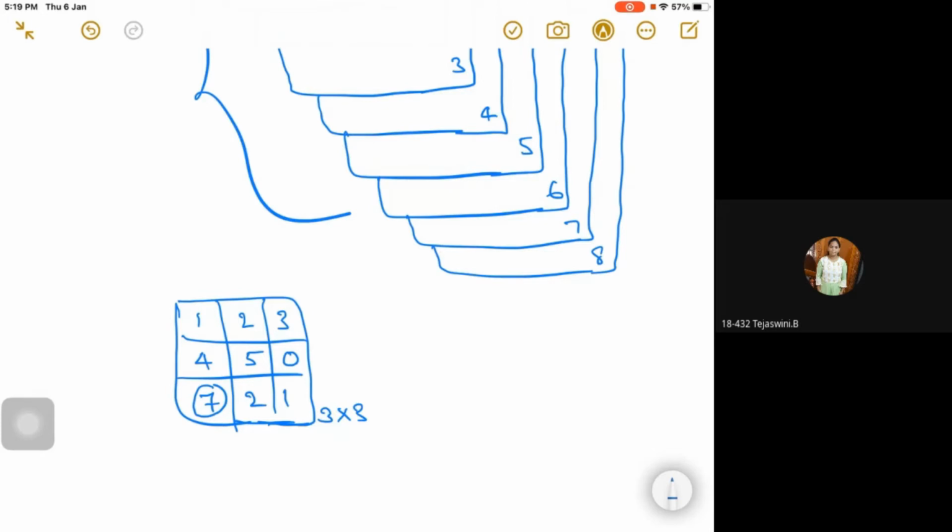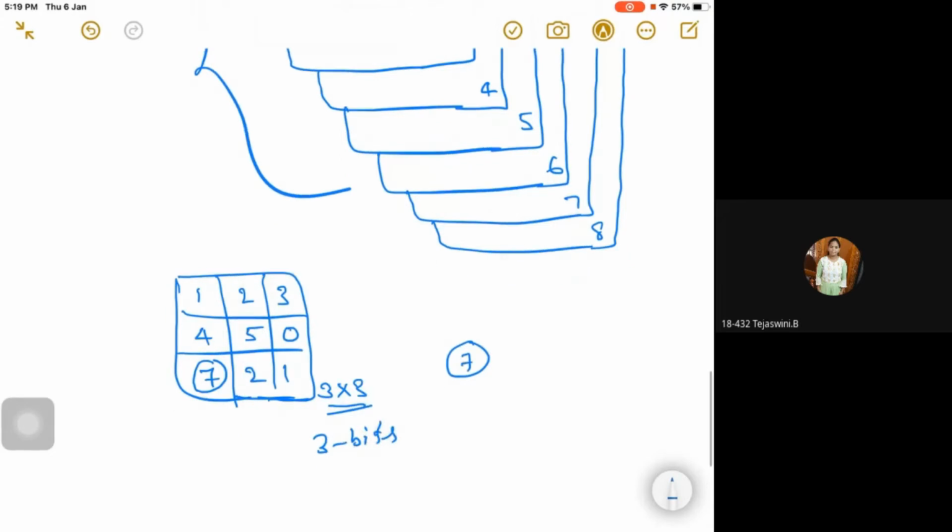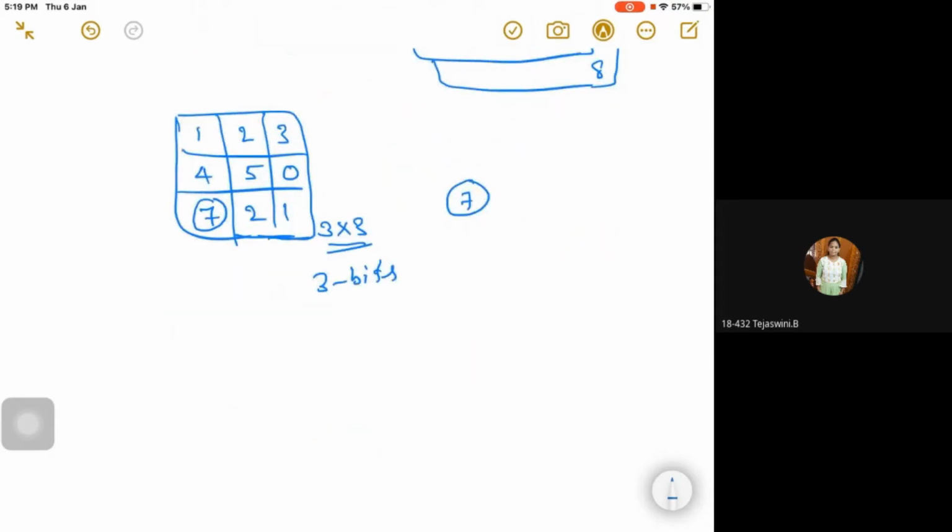What is the maximum intensity value given? 7, right? So in order to represent the maximum value of 7, how many bits are required? Yes, 3 bits are enough. Now using the 3-bit representation, we have to represent the given image in 3 binary bits.